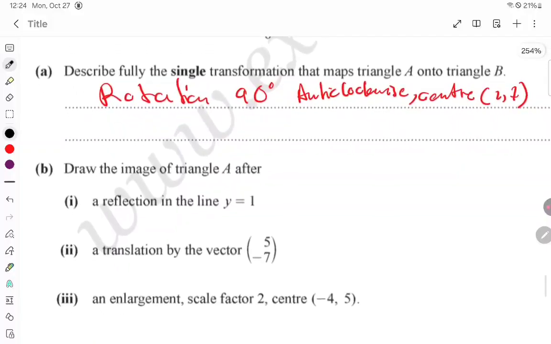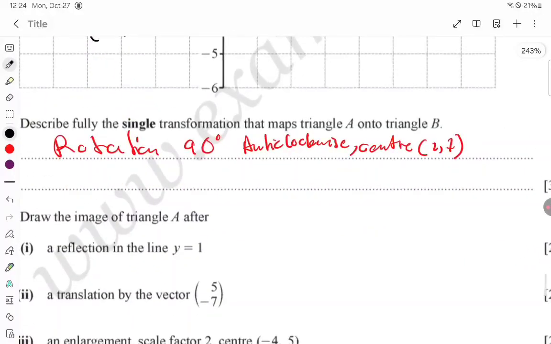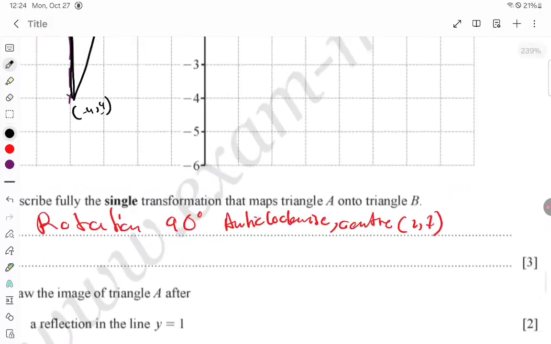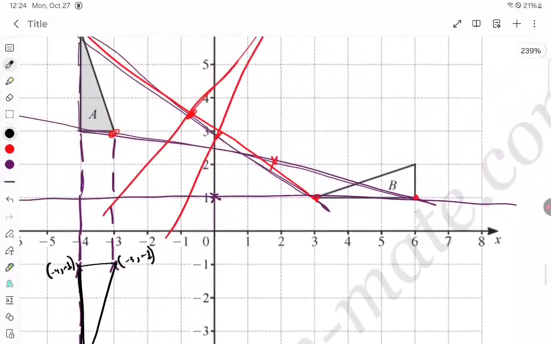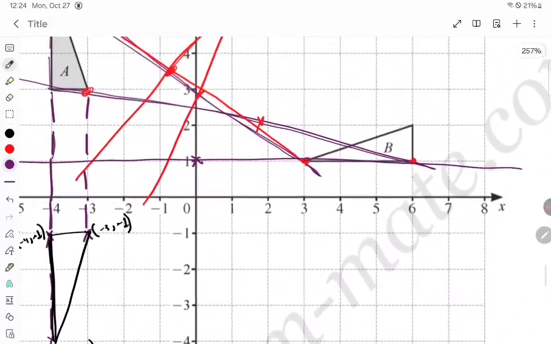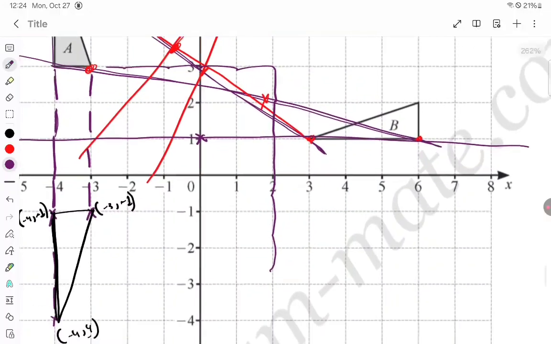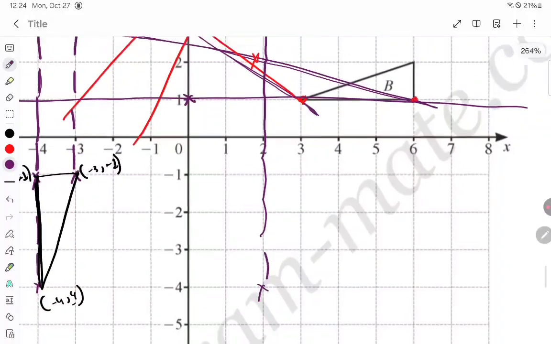So in part 2, a translation by the vector 5, negative 7. 5 means we have to move on the x-axis to the right side, and negative 7 means downwards. 1, 2, 3, 4, 5. 1, 2, 3, 4, 5, 6, 7. Mark your point first here.